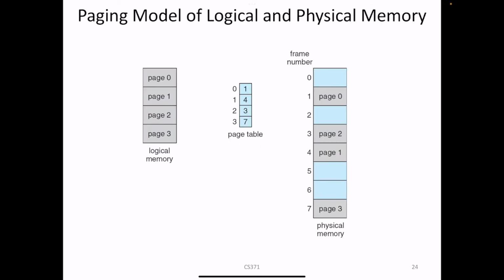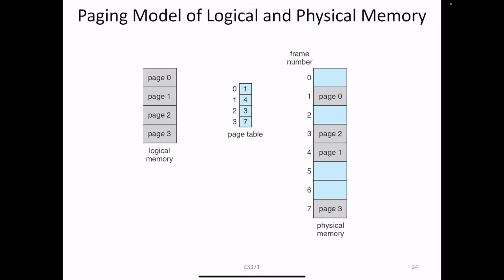Then let's see the paging model of logical and physical memory. On the left side of this figure, we have the contiguous logical memory pages for a newly arriving process. In this example, it has 4 pages, from page 0 to page 3. On the right side, it shows the physical memory space, which has 8 frames, from number 0 to 7.